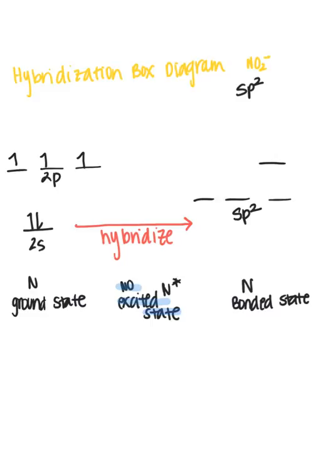So then we look at what's going to be hybridized, and we know that these are going to be hybridized. So then we write them over here. So I'm going to do 1, 2, 3, and then since there's 1 left over, it's going to be in the p orbital. I'm going to put 2p right here.